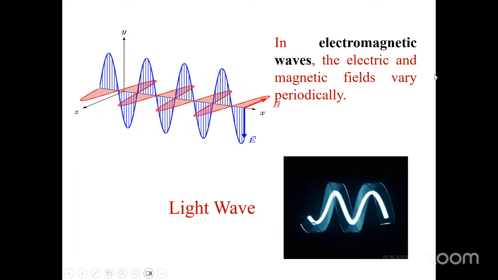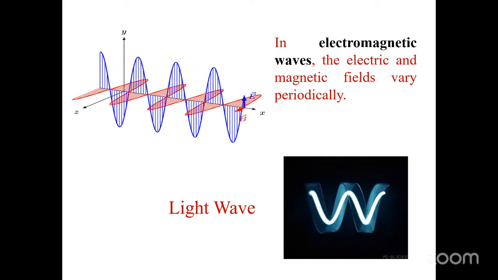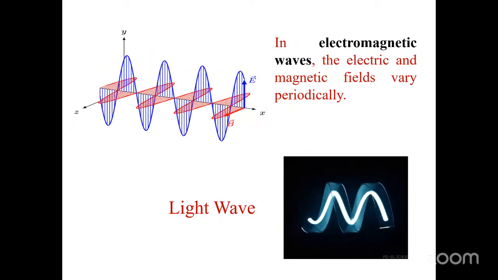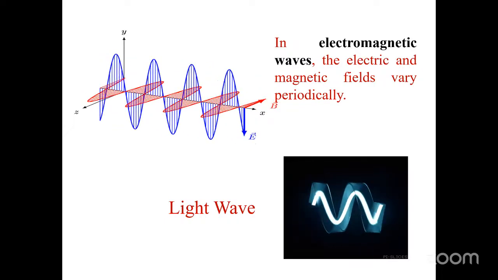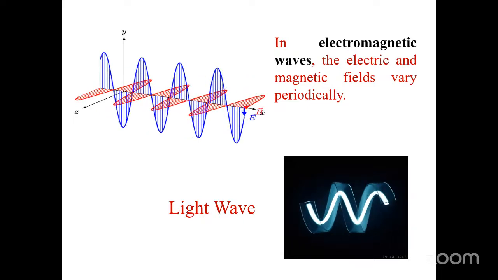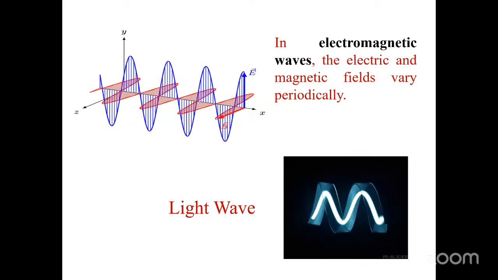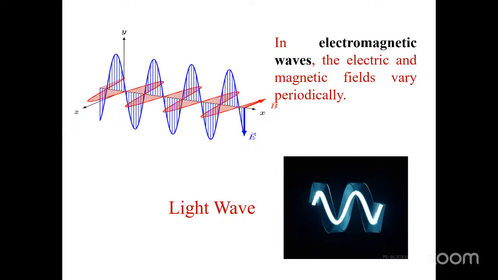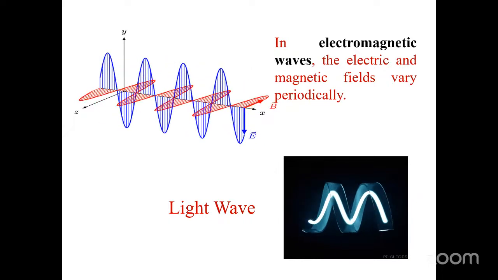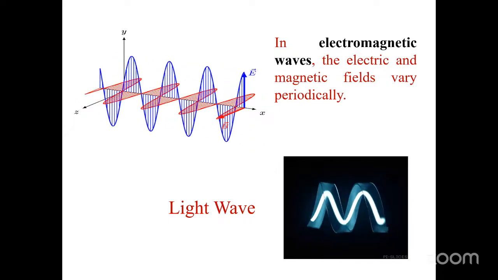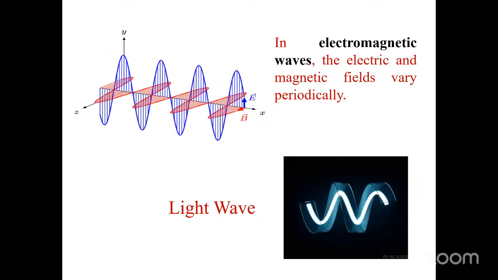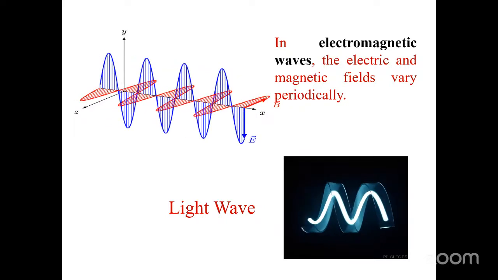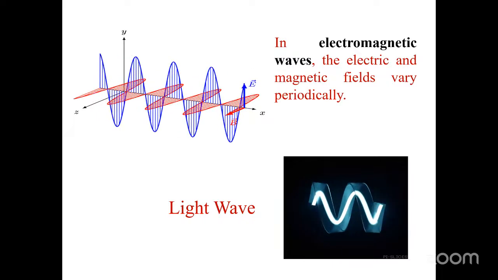Whereas in the case of light waves, you can see how the light waves propagate. The electromagnetic wave has two components, with propagation in one direction. Let you compare these two.